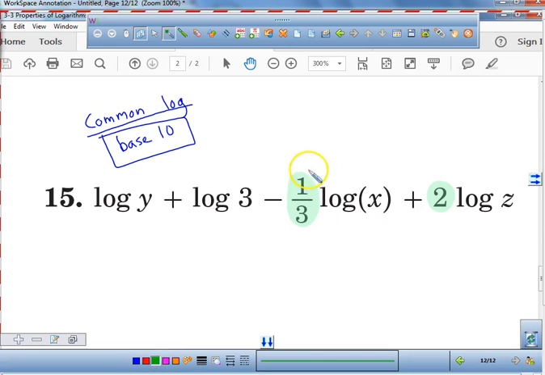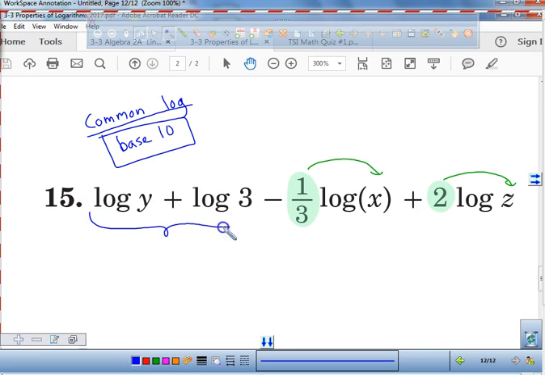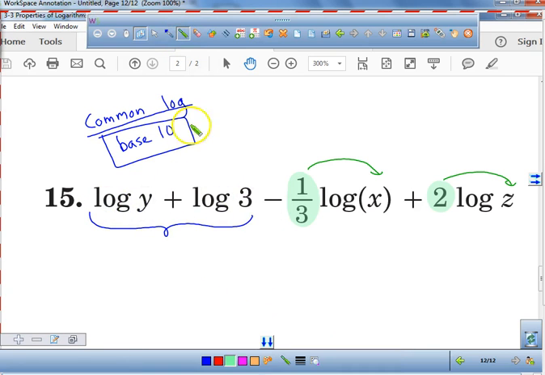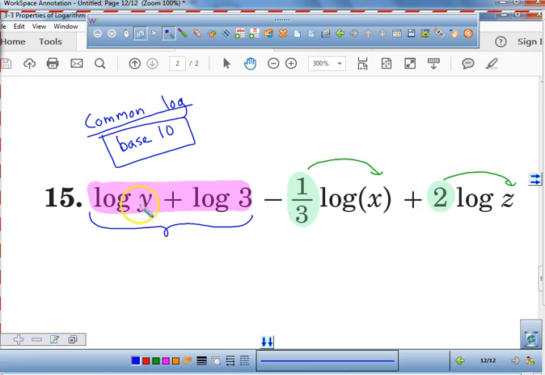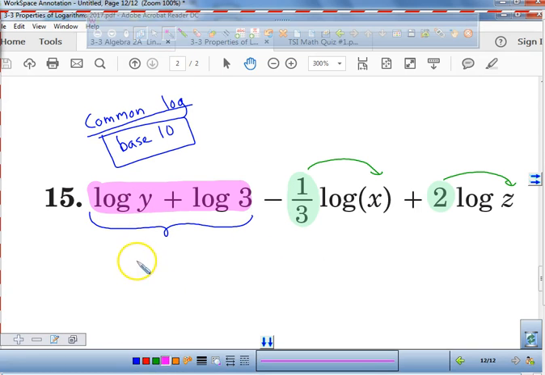So the very first thing I want you to do is take the powers and move them up. Okay? What property is being used right here? Yeah, product property. Good job, Luke. So, combine that for me. Condense it. I have a y, I have a 3. What am I going to do with those? 3y. Good. Done. Okay.